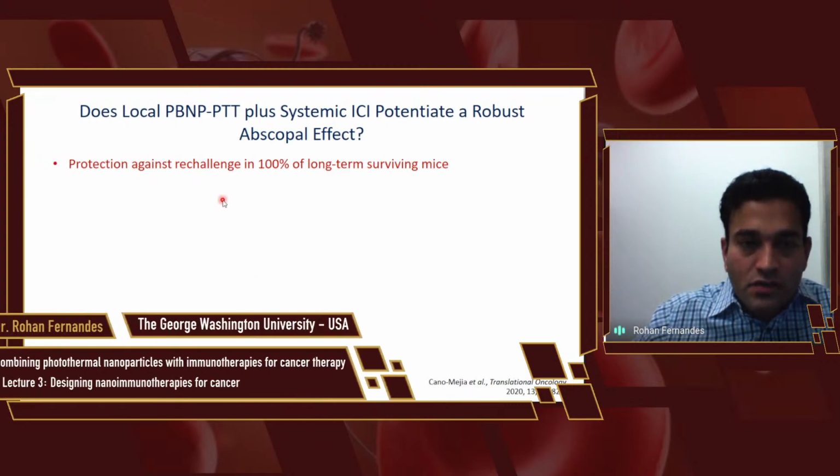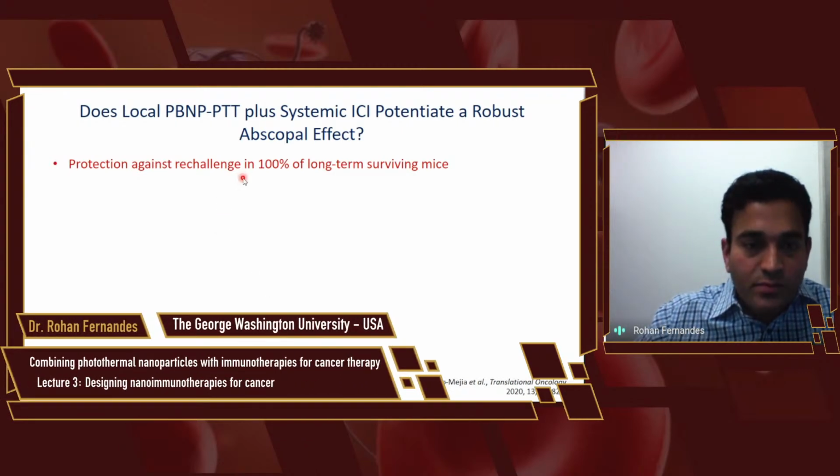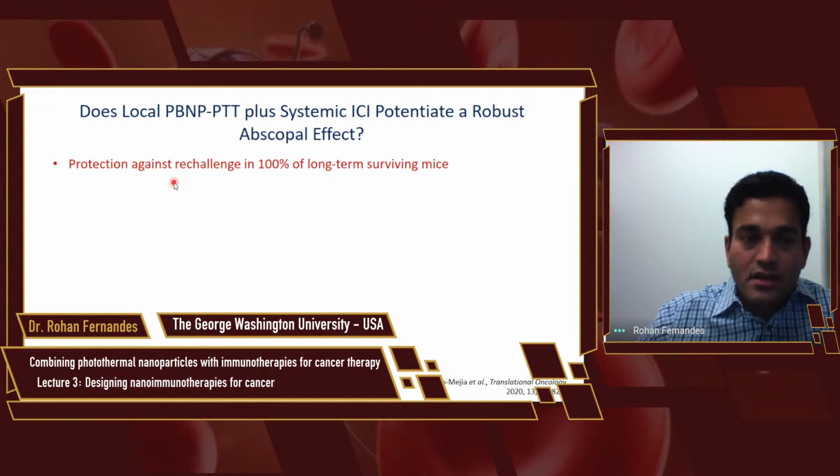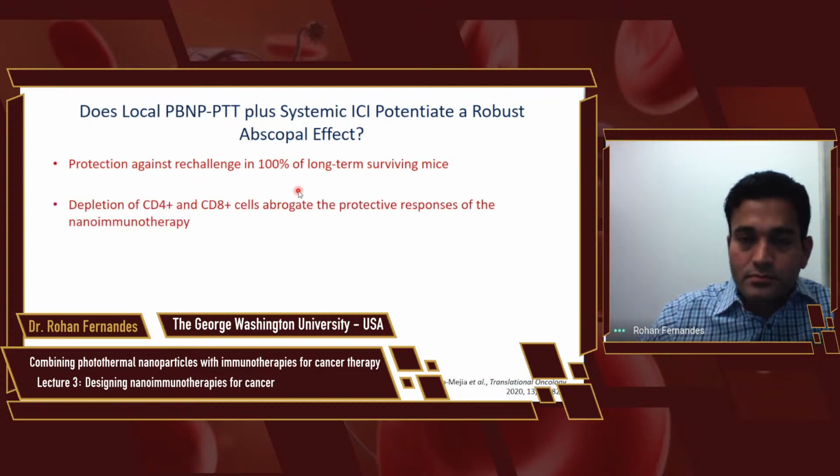So in terms of looking at whether the animals had any protection against tumor rechallenge, similar to the other studies that we showed before, when we took the long-term surviving animals, they were protected against tumor rechallenge in 100% of the long-term surviving mice, suggesting some component of immunological memory. More importantly, we again depleted CD4 and CD8 subsets, and we verified depletion through flow cytometry of the blood.